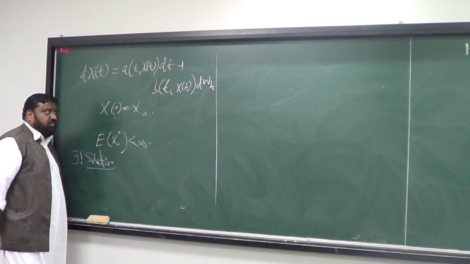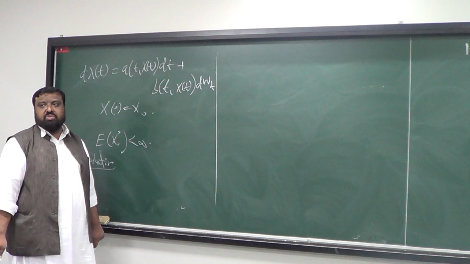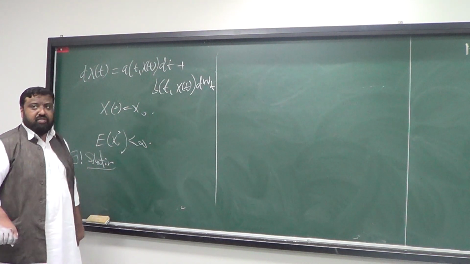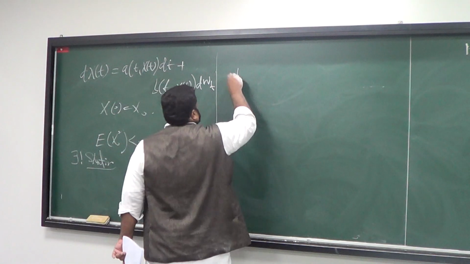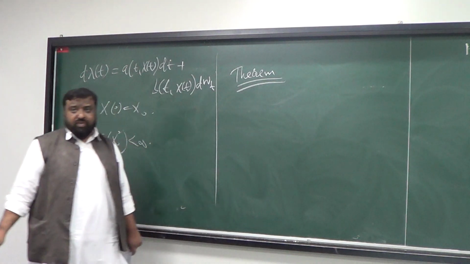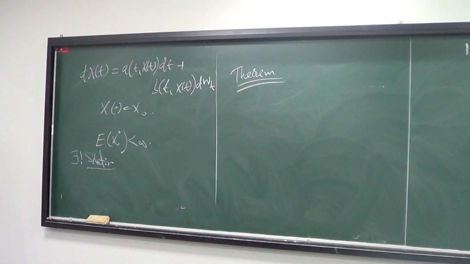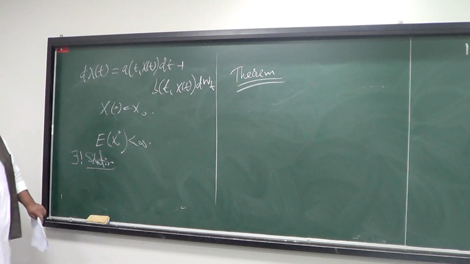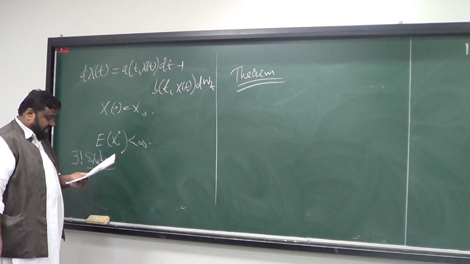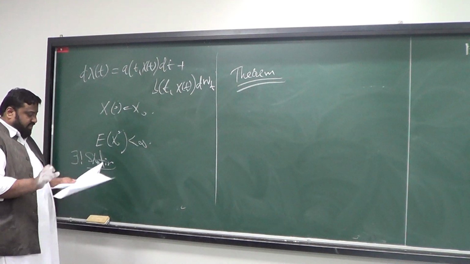So let me write a theorem which even further tells you some interesting properties of such kind of a system. So the theorem is this. I'm not going to prove it, just going to throw this to you. And then I would like to move to some other stuff that I found today. Okay, so what is the next thing?